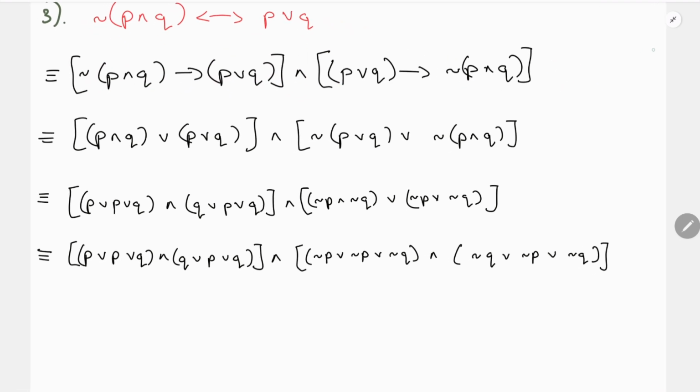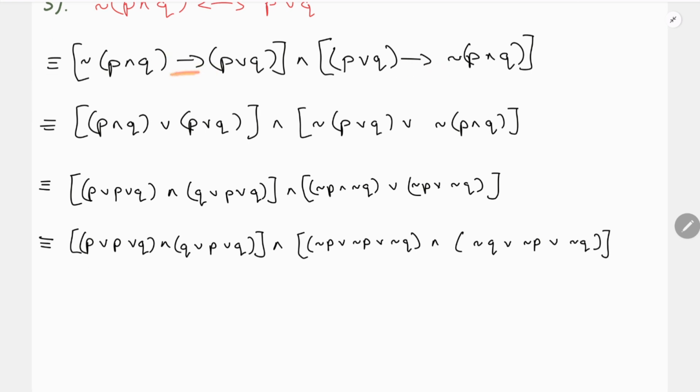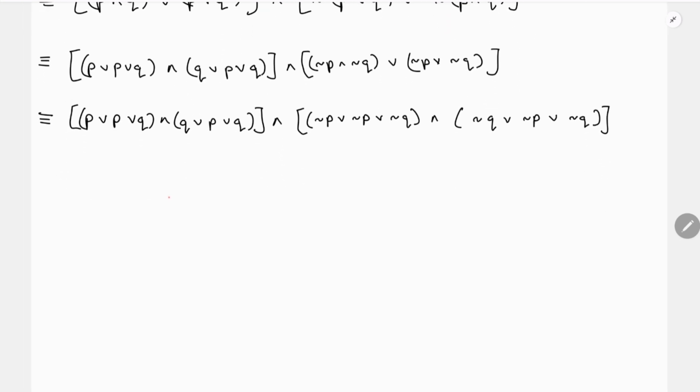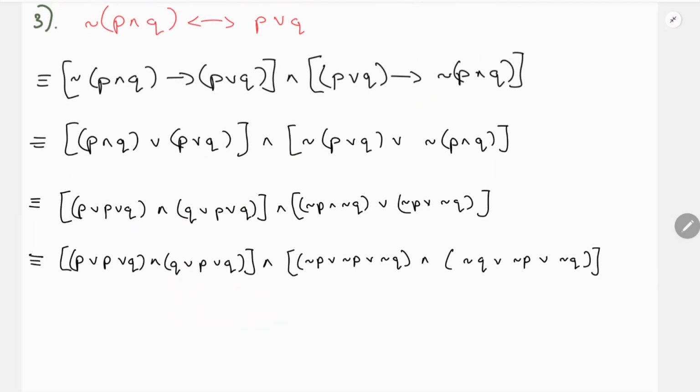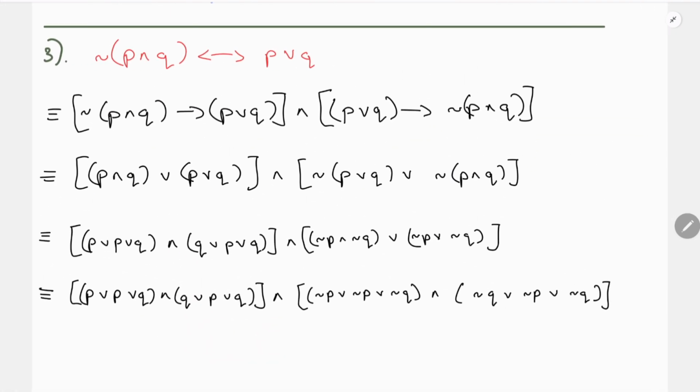In the second step, we removed the conditional sign in both of these, and we know how to remove it when we have it like this. So we can write it as negation P or Q. Okay, whenever we have it like this, we can write it like this. In the same way, the conditional is removed by the negation sign, and whenever there are two negations, the negation is cancelled and we get it as it is.